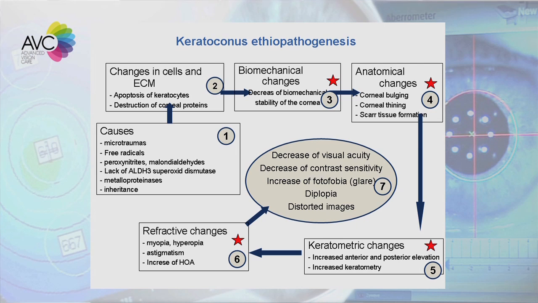There are also keratometric changes, increase of anterior and posterior elevation, and increased keratometry. We know that there are refractive changes, myopia, or very often also hyperopia. It depends where the patient is looking, actually. And we know there is astigmatism and increased higher order aberration.